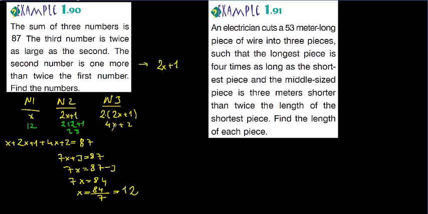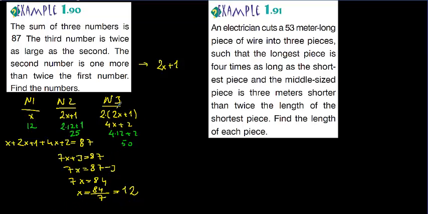And the third is 4 times 12 plus 2, 4 times 12 is 48, plus 2, which is equal to 50. So the numbers are 12, 25, and 50.